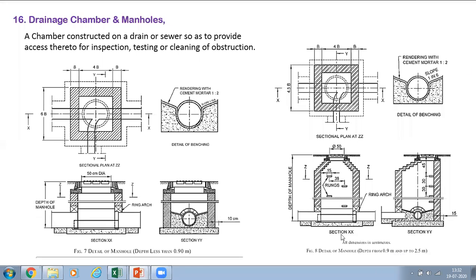This more than 900 shape and all, they are given for brick manholes only. Nowadays we are not constructing like this. We are constructing parallel pits only. Directly from bottom to top we are providing the same size. 900 means 900 square only we are providing. The manhole cover only will be 600 square or 600 round.